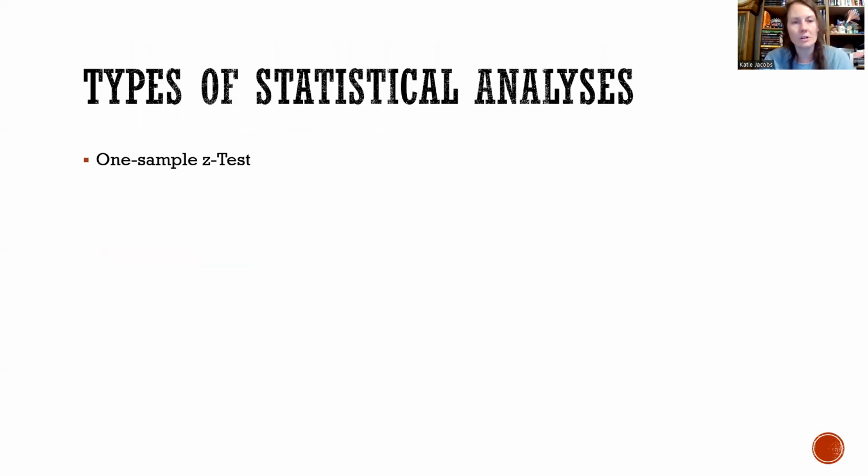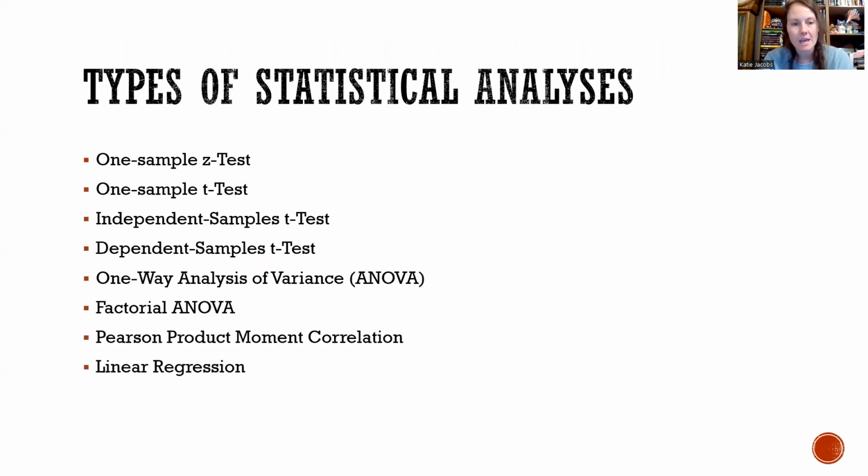Okay, so we're going to learn a bunch of different types of analyses. You don't necessarily need to know when to use each of these yet, but these are ones that we'll either learn how to do or we'll talk about within class. So a one sample z-test is one we'll learn to do. One sample t-test, an independent samples t-test, a dependent samples t-test, a one-way analysis of variance, also known as an ANOVA. We'll learn about a factorial ANOVA, but we won't actually calculate that one.